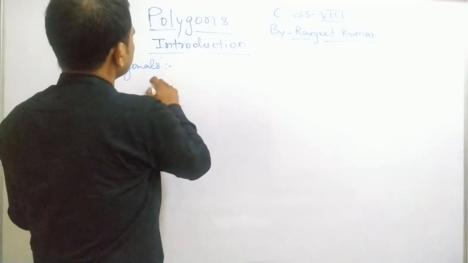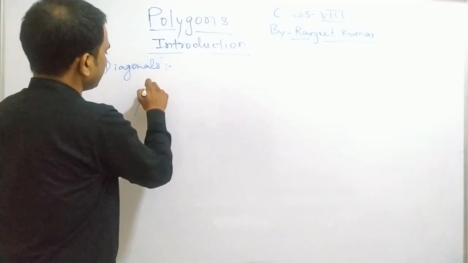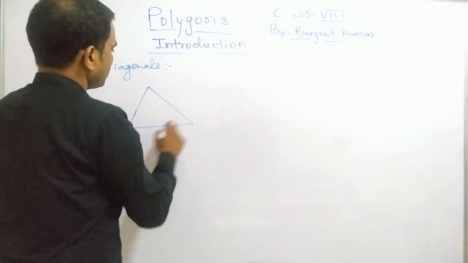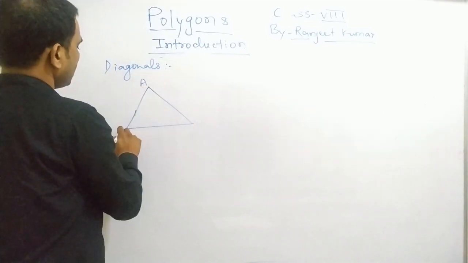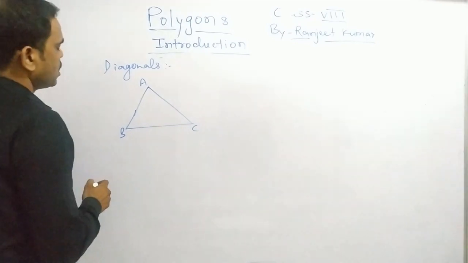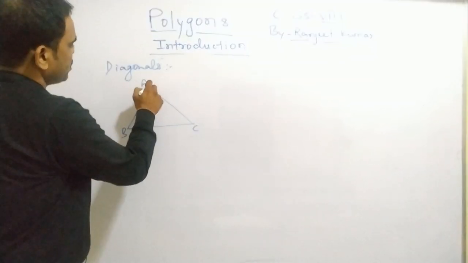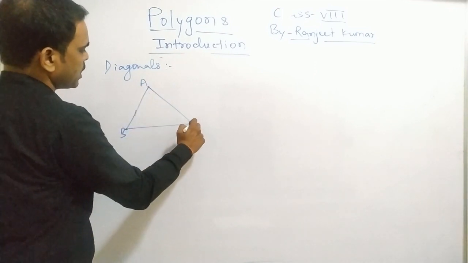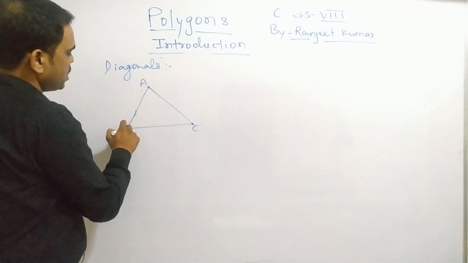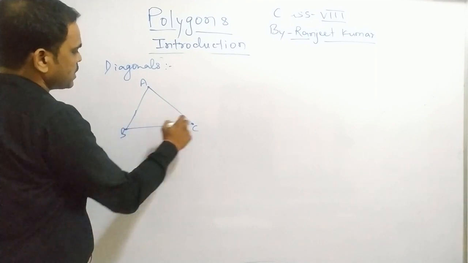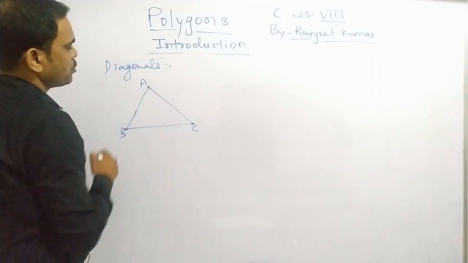Like, I start with triangle A, B, C. Now we'll find out non-consecutive points. 3 points are there, 1, 2 and 3. A and B both are consecutive. B and C both are consecutive. C and A both are consecutive.